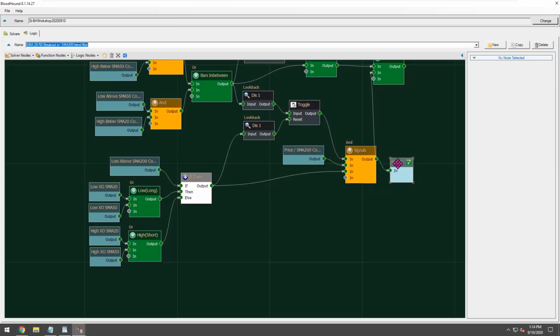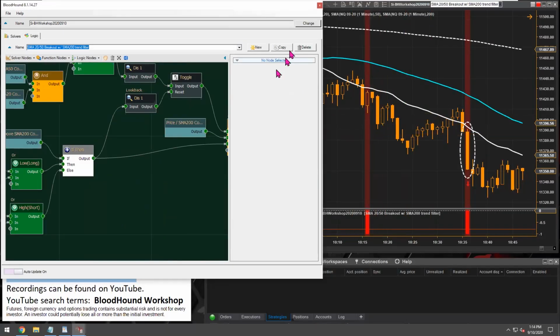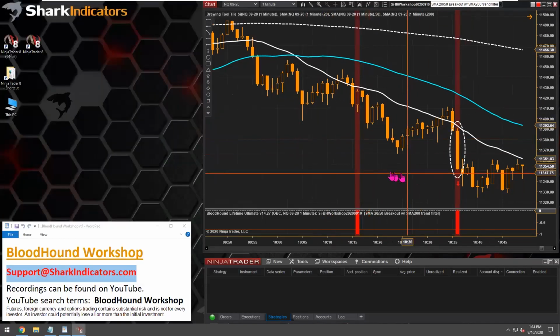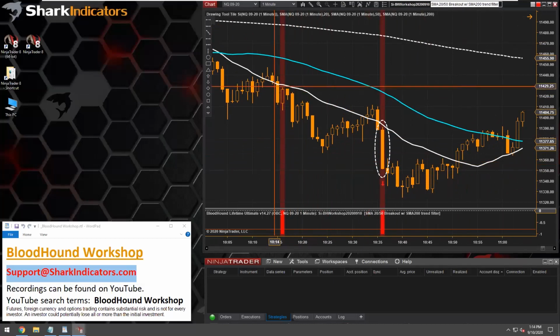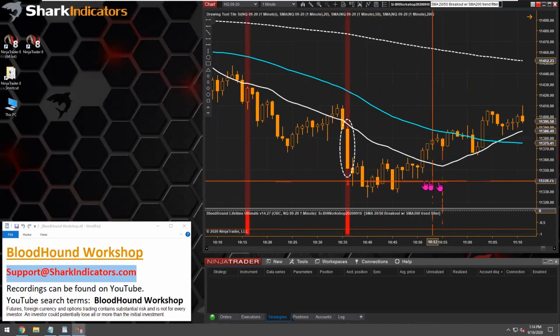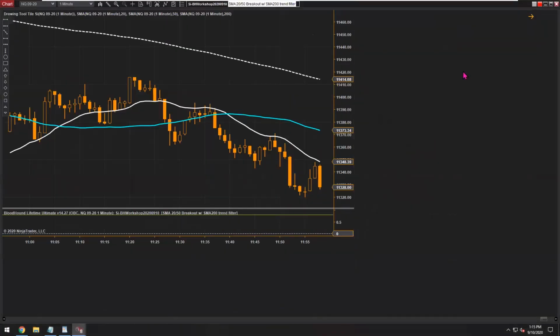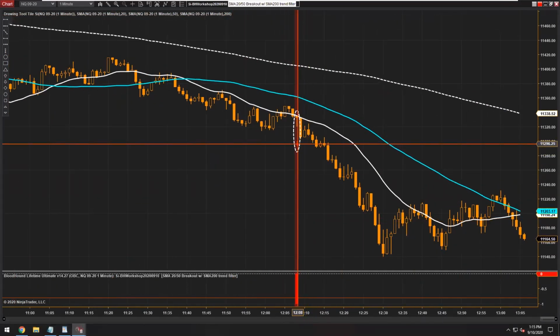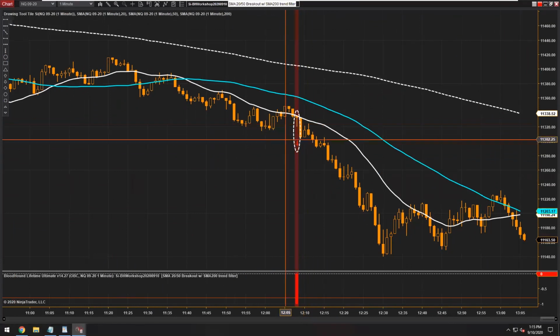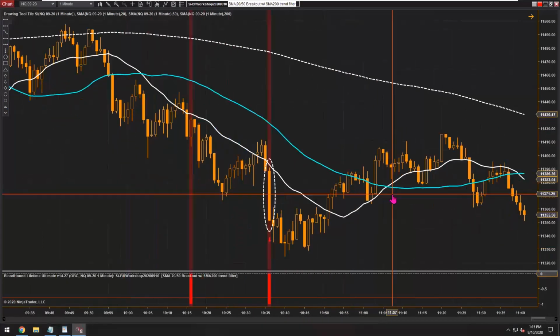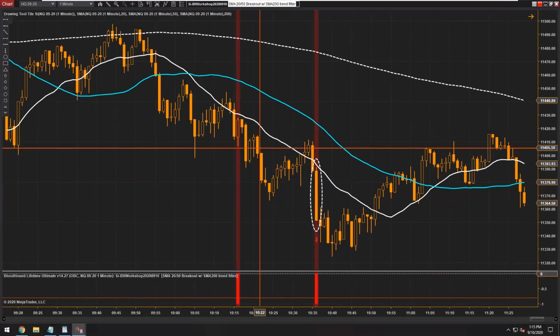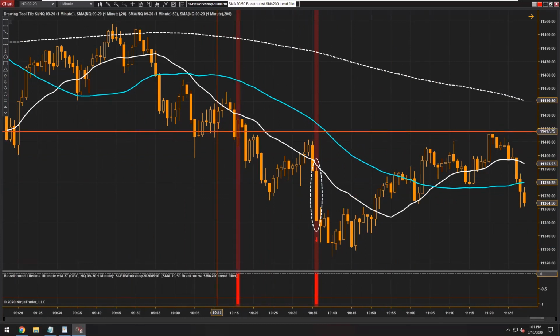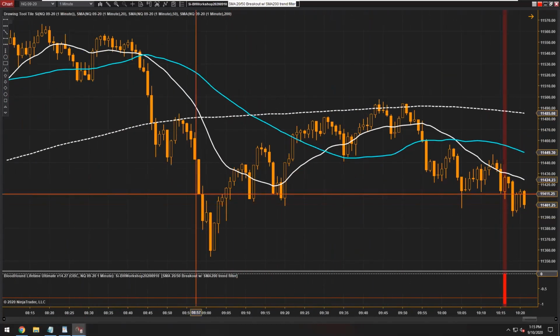Fingers crossed. If it doesn't work, we'll figure out what else needs to be done. And look at that. So far, so good. I marked this bar already, so we know that's correct. And I marked that bar, and yep, that bar would be correct.